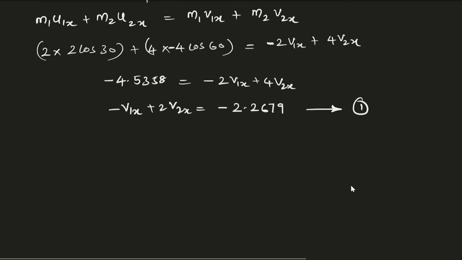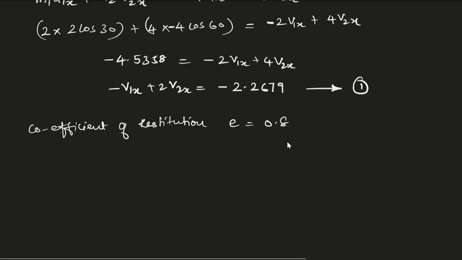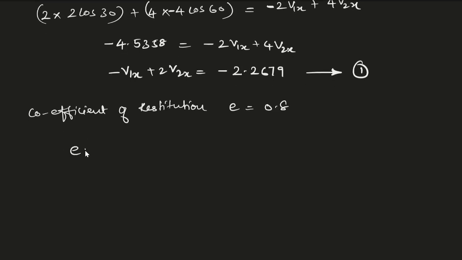Now by coefficient of restitution, because they have given the coefficient of restitution, e equal to 0.8. Now we know the formula for e: e equal to velocity of separation divided by velocity of approach.